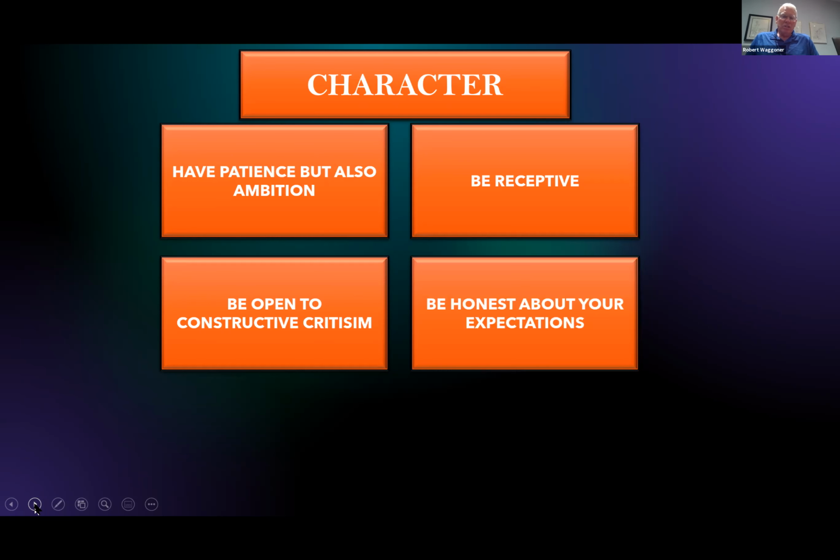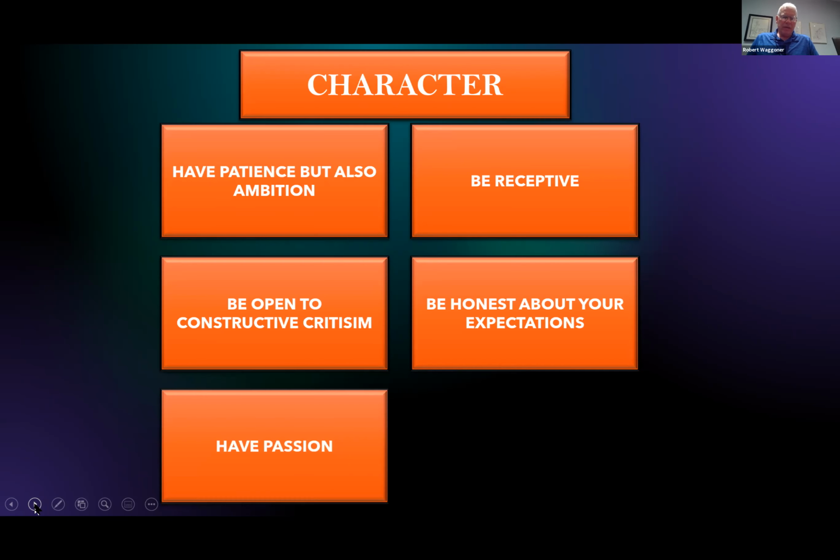Be honest about your expectations. Be honest about what happened. If you're honest with yourself, it's a lot easier to be honest with others. And I think that's where we have a tendency to walk on eggshells at times and not tell people what truly happened.